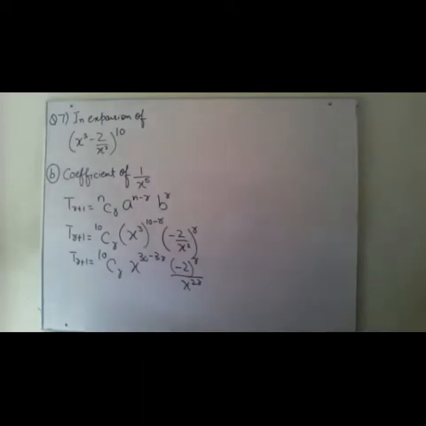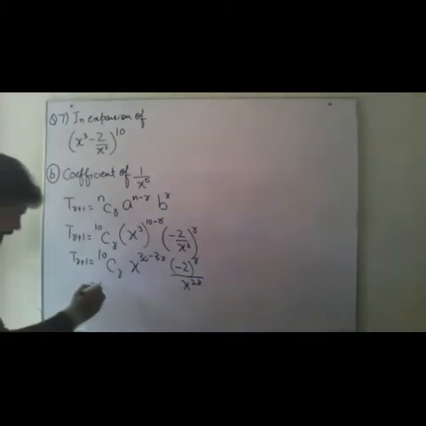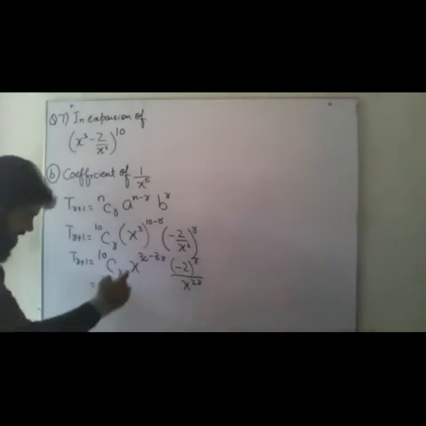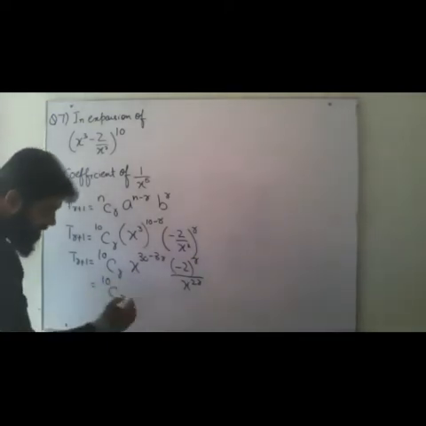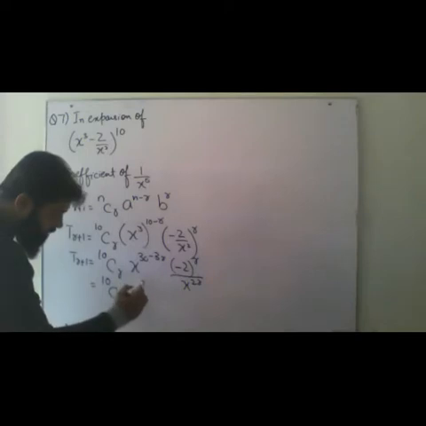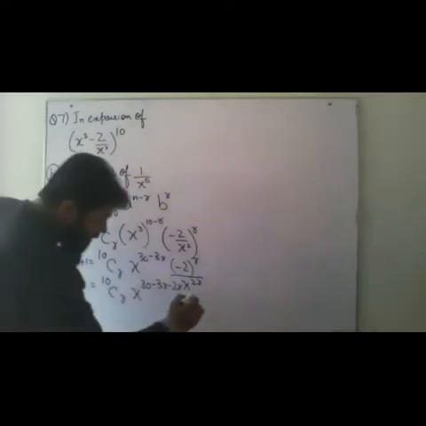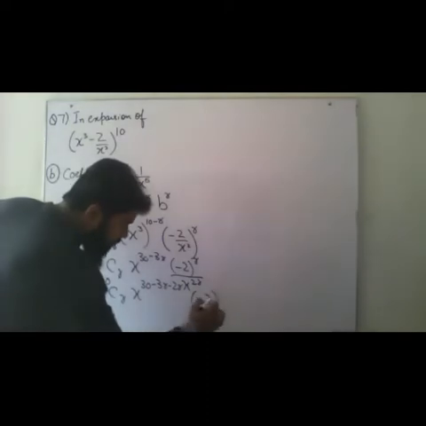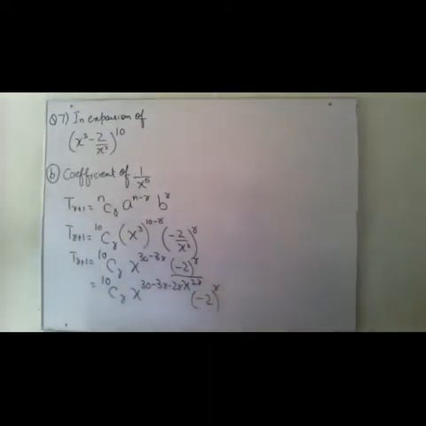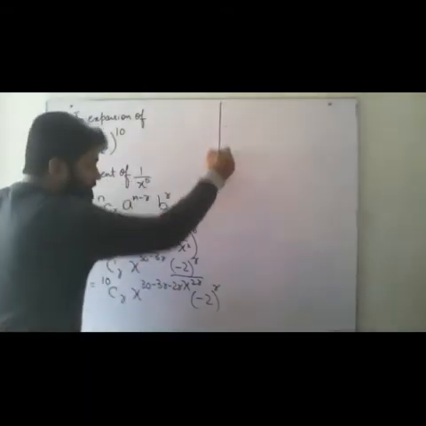Okay. I have simplified it. Simplifying it further, 10CR will remain as it is. Same bases are being divided, power will be subtracted. So x^(30 minus 3R minus 2R) times (minus 2) to the power R.